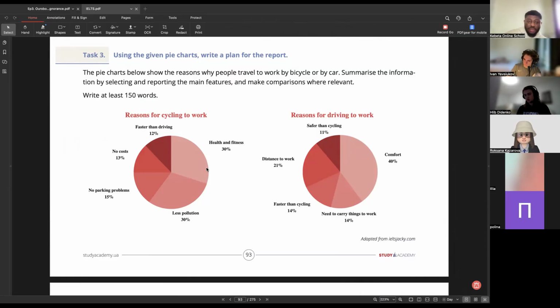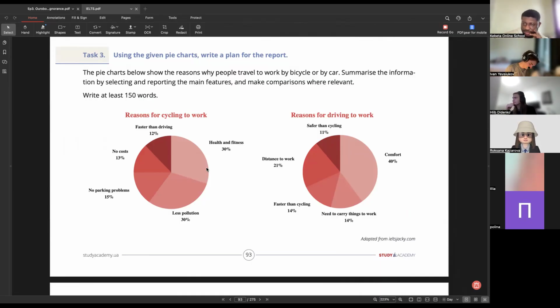Should we do this about the first or about the second chart? Both. Both. Yeah. They're together. So which of the pie charts that I told you about is this?